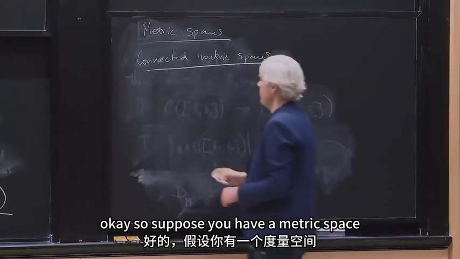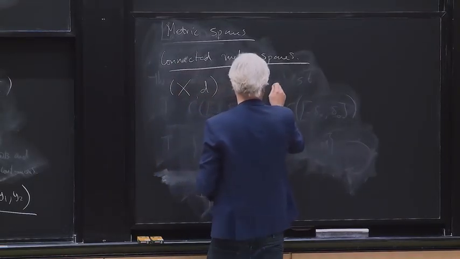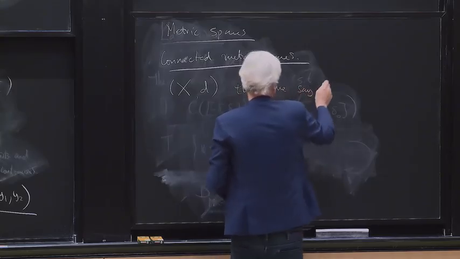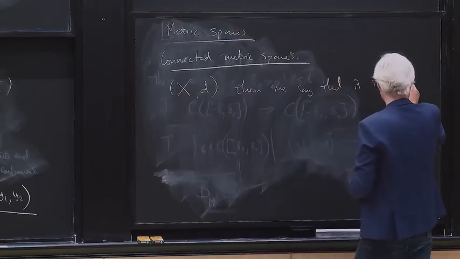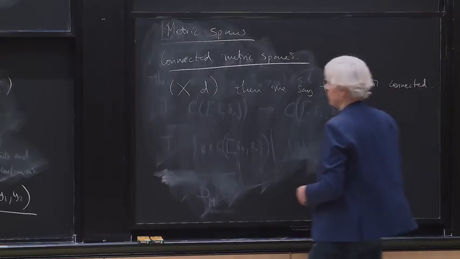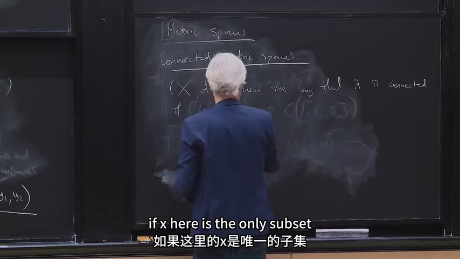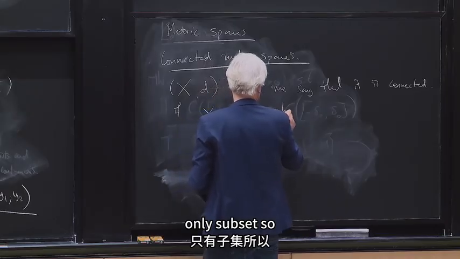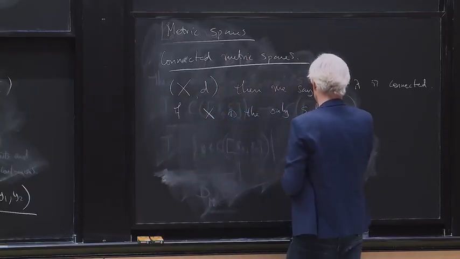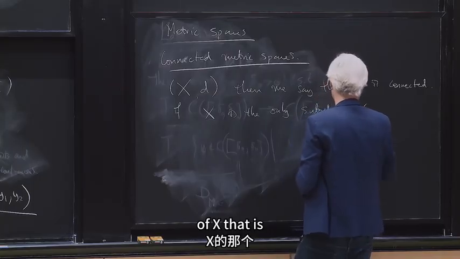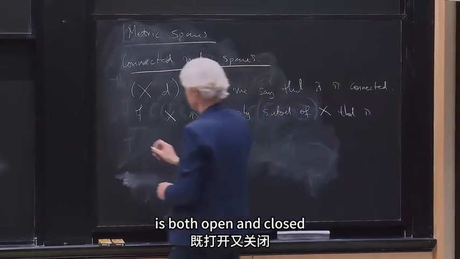Okay, so suppose you have a metric space X. Then we say that it is connected if X here, the whole set itself, is the only subset of X that is both open and closed.